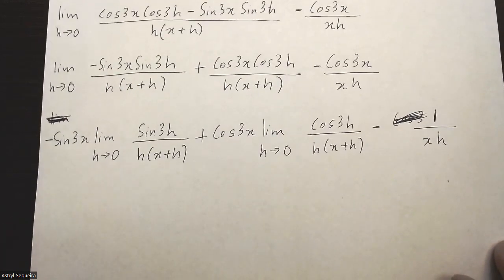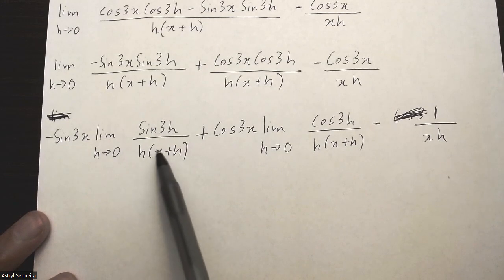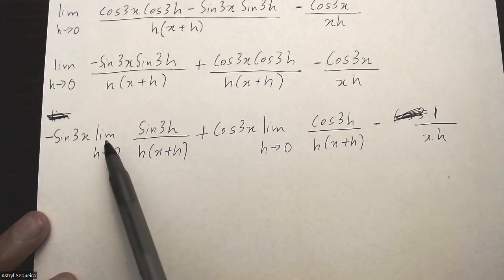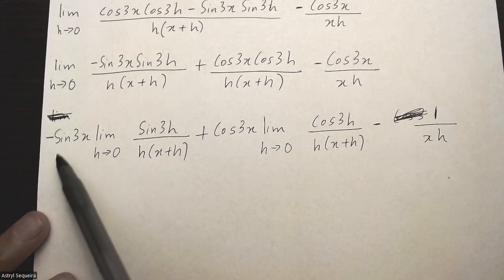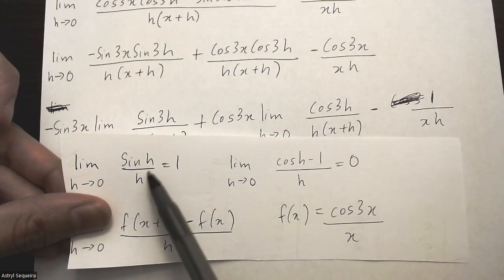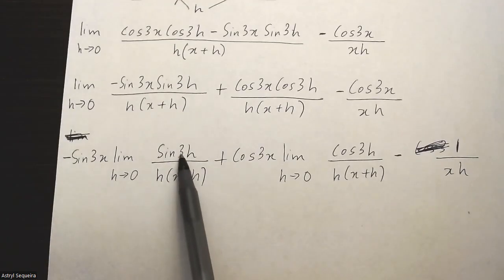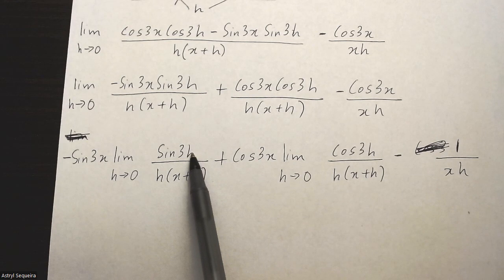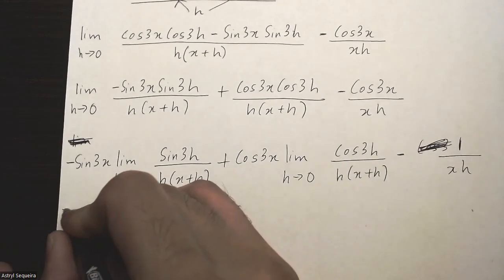In the next step, I can simplify this part over here. I can multiply the top and bottom by 3. The reason I'm doing that is that to have this identity done, this has to match this. Whatever's being signed has to match the denominator. I have a 3h that's being signed that I can't simplify, so I have to match the denominator with a 3h, which means I'm going to rewrite this as negative.